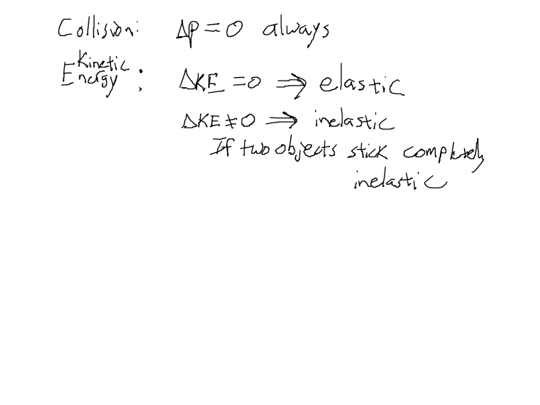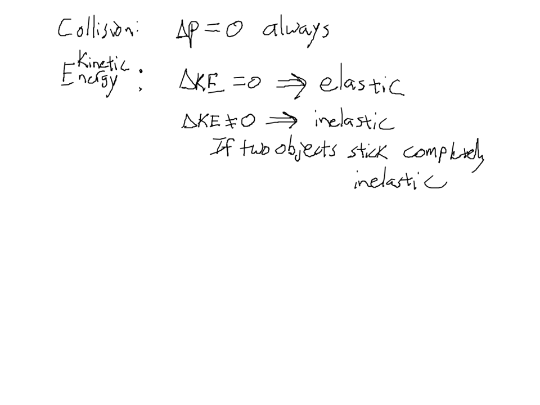So whenever you have a collision problem, you need to do a couple of different things. First, you know that if you've got a collision problem, you can definitely use conservation of momentum. The second thing you need to do is decide, is it okay for me to use conservation of kinetic energy in this problem?